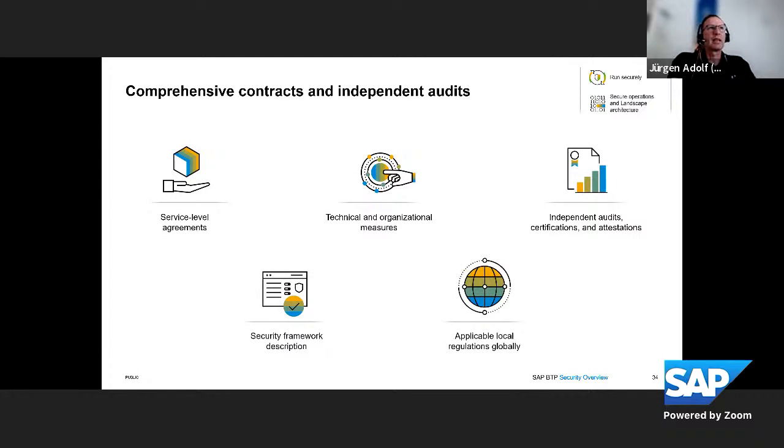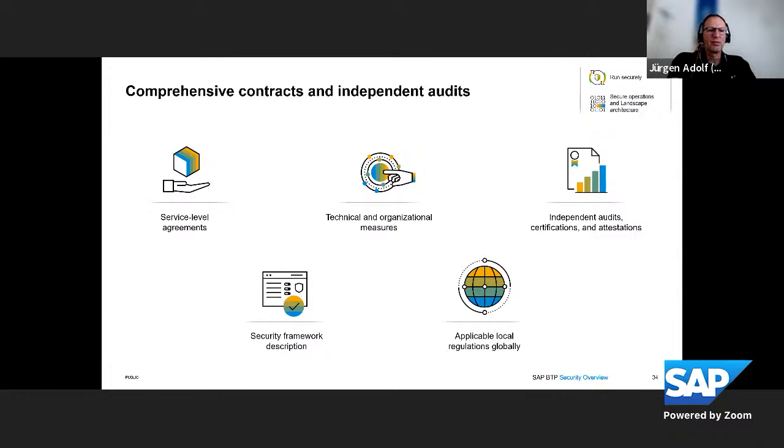Then next topic, we have comprehensive contracts and independent audits. We have the service level agreements you can find on the Trust Center. We have our technical and organizational measures. We have independent audits from third-party companies and certifications and attestations.